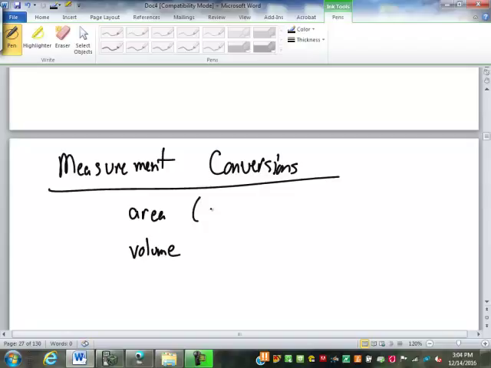And with the area, make sure you remember the acres. You do get to use your books and the notes on the test.